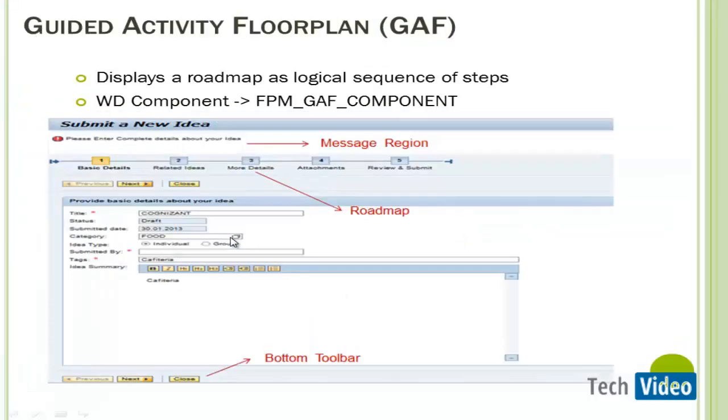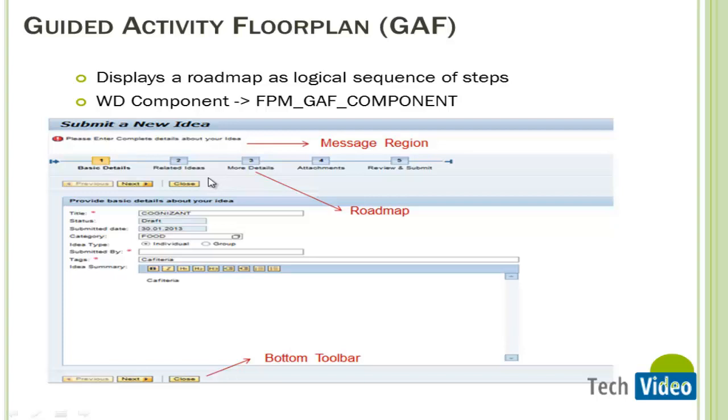Coming to guided activity floor plan, GAF is basically a roadmap that shows the logical sequence of steps. This can be compared with the Web Dynpro roadmap UI element, and the Web Dynpro component for this floor plan is the FPM GAF component. So this is how it looks. If I want to submit a new idea, I have developed an application which involves 5 different steps.